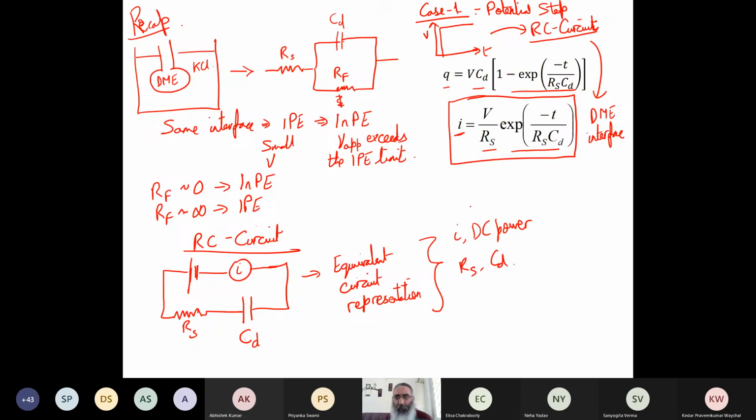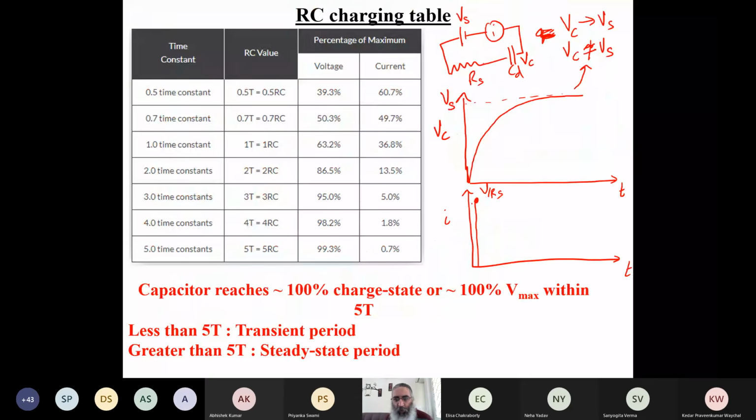And now after it reaches the maximum value, what is going to happen? The exponential function is going to take over, and that would lead to a decrease in the current, the exponential decay in the current. The nature of this decay, the magnitude of this decay, is controlled by T by Rs CD.